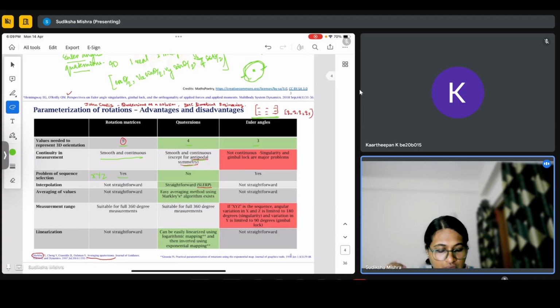That is not the case for quaternions, but for Euler angles also you need to know the sequence of selection, because the Euler code that you give your MATLAB workspace to compute the Euler angles requires the sequence of the axes.